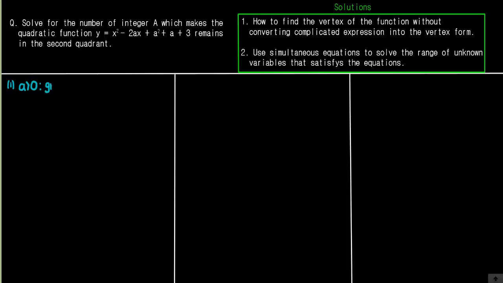When the a value is greater than 0, the graph of the quadratic function will go upward. It will look something like this, and it keeps going upward.